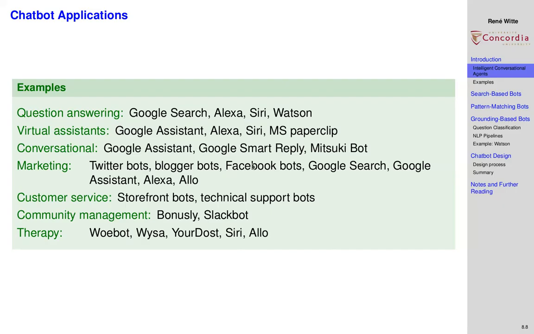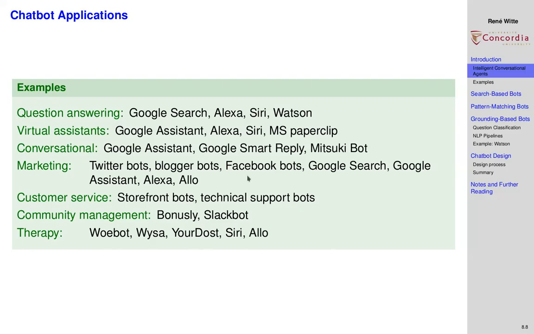Conversational bots are typically for entertainment. The old ones like Eliza simulate a conversation with a user, but nowadays there are also more serious applications of it, for example the therapy bots further below. Marketing bots are a big category nowadays.